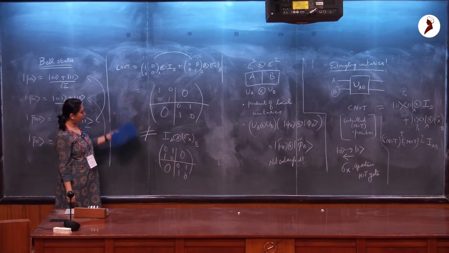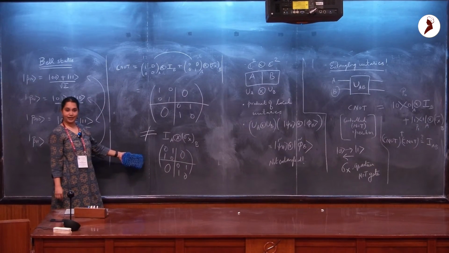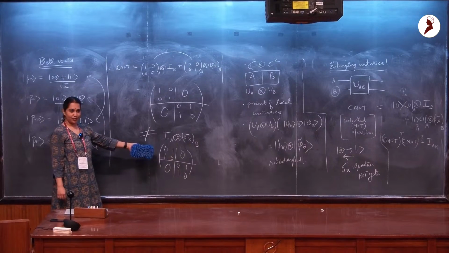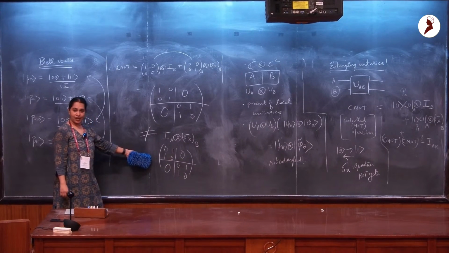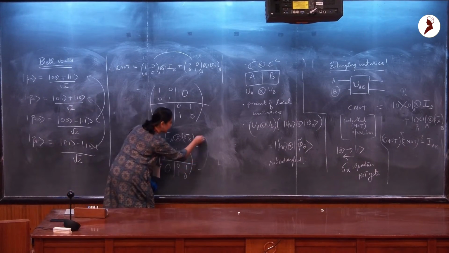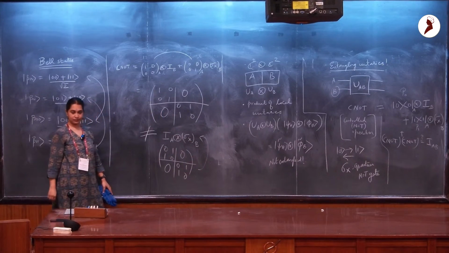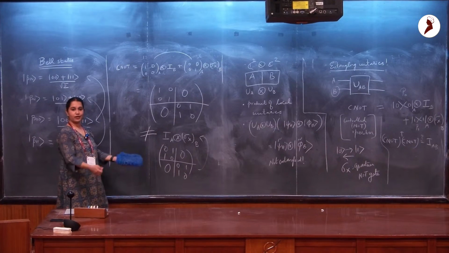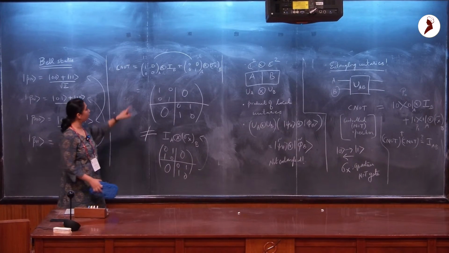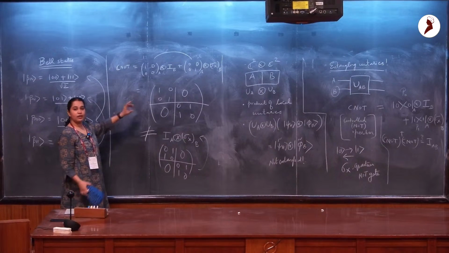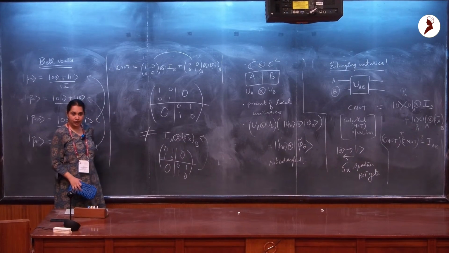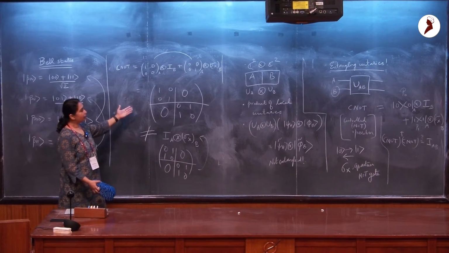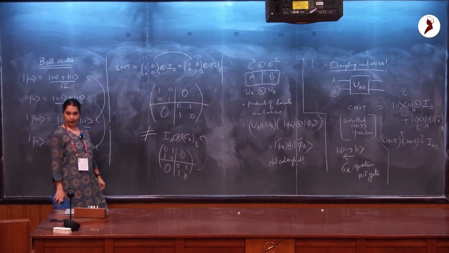So the C0 operation is not identity tensor sigma x, okay, which will give you this matrix, which is a completely factorizable unitary. This is also a bipartite unitary, which is completely factorizable into a local operation on 1 and 2. This is truly a non-local operation, and this presumably can help us realize an entangled state.